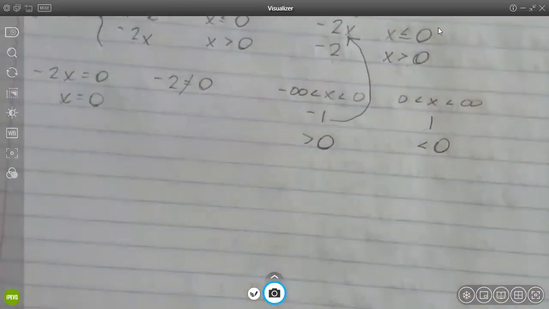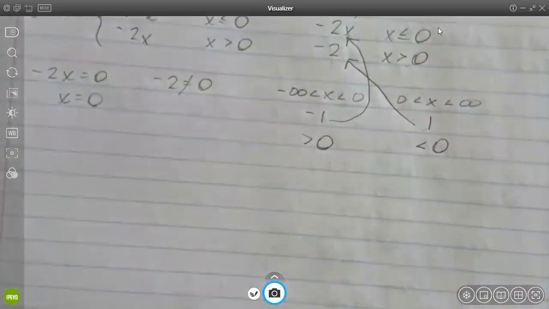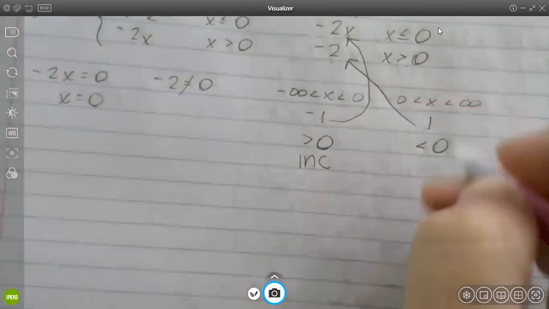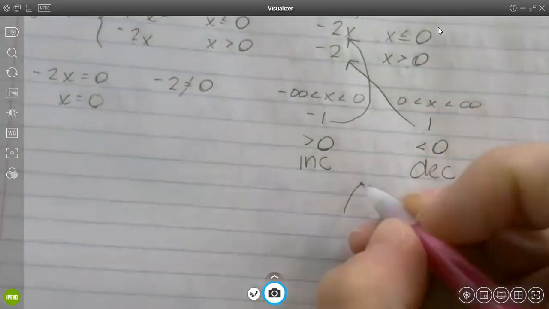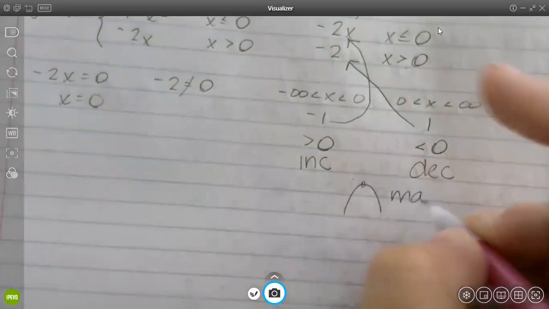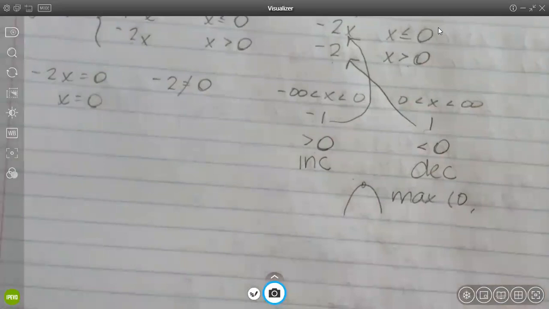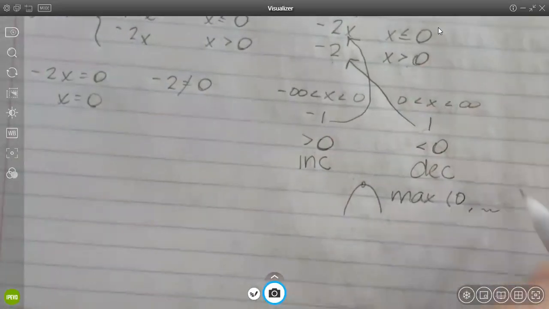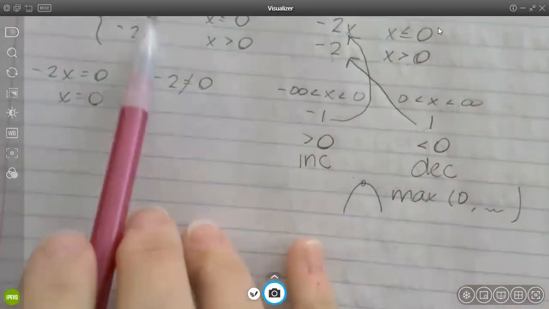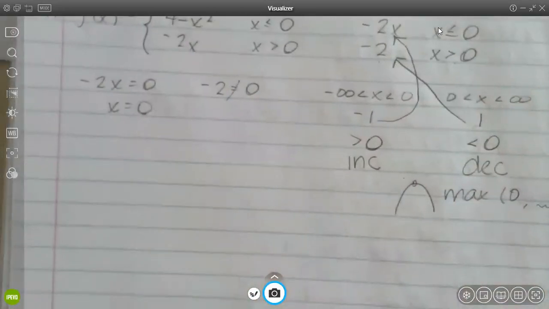So -2 is less than 0. So this one was increasing and decreasing. So increasing to decreasing would be a max at 0. And looks like 4. Because if x is 0, you would plug it in up here. So I good?